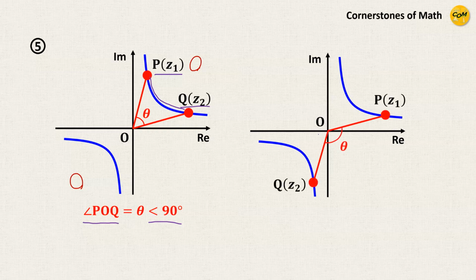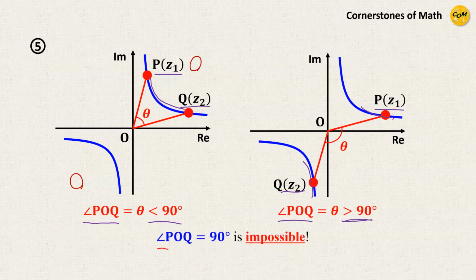On the other hand, if we choose P and Q from different quadrants, from different branches of the graph, then angle POQ is always greater than 90 degrees. In any case, angle POQ becoming the right angle is impossible. Therefore, the answer is choice 5.